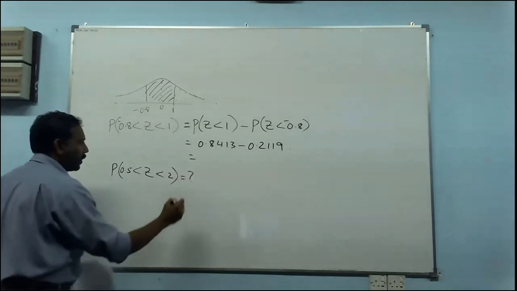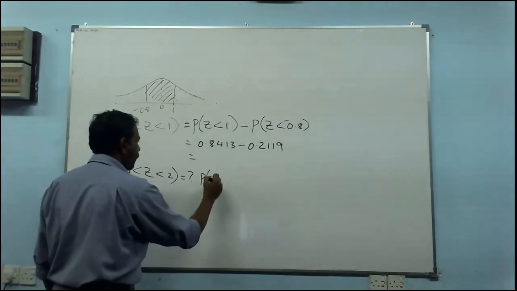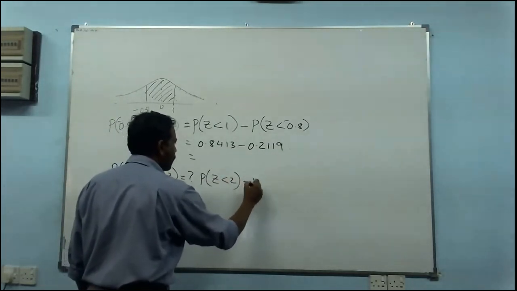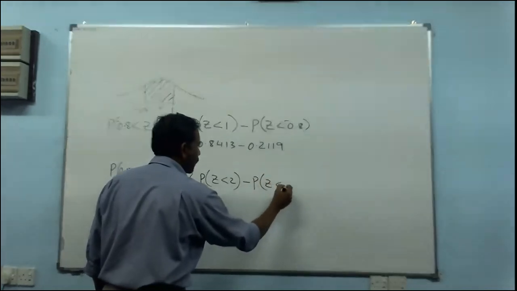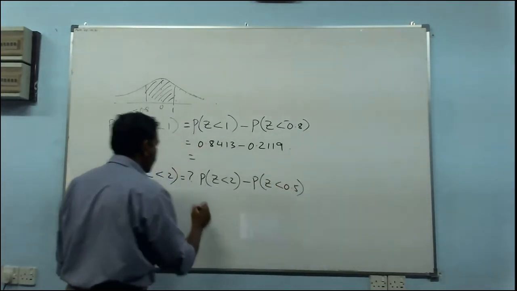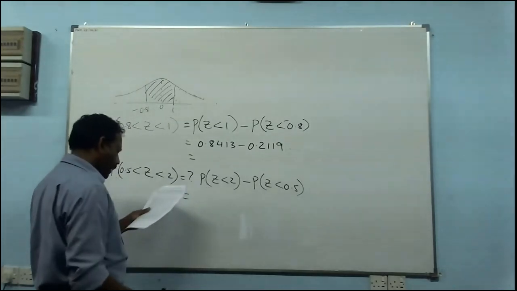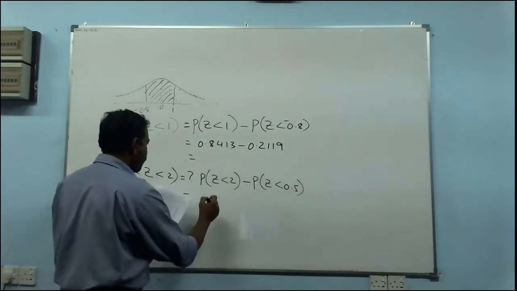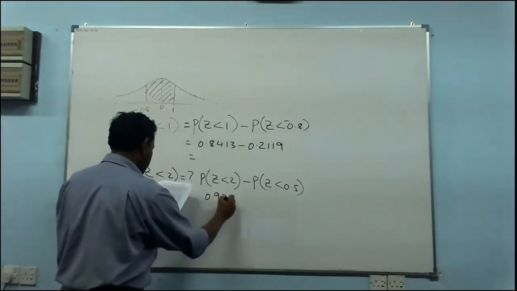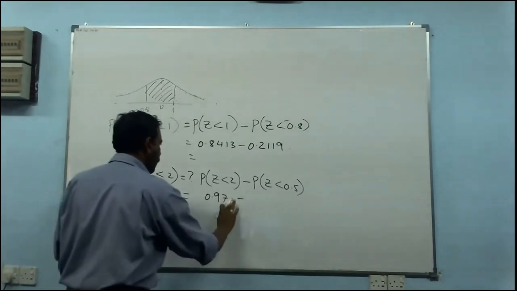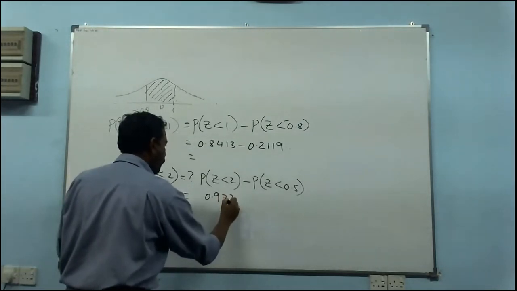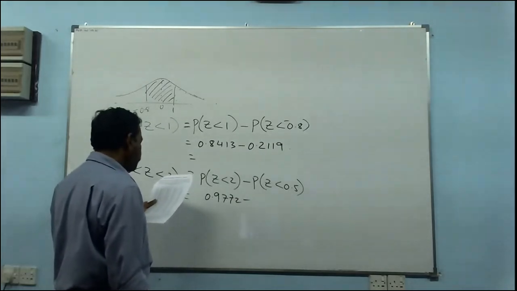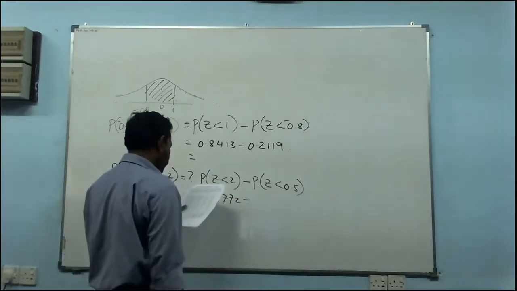What is the probability? So this we can write as probability of z less than 2 minus probability of z less than 0.5. From the table, probability of z less than 2 is 0.9772 minus 0.05.